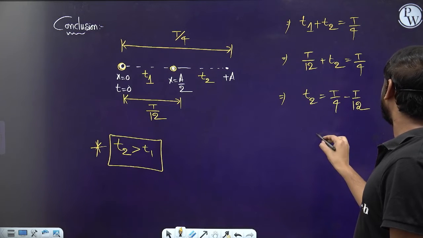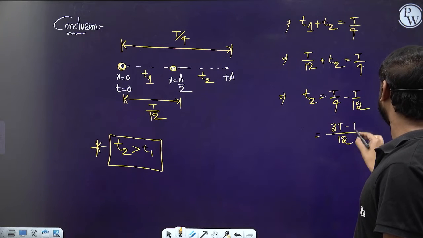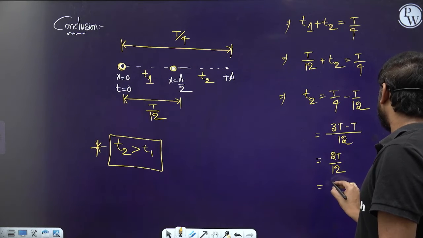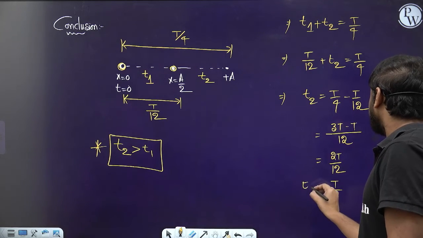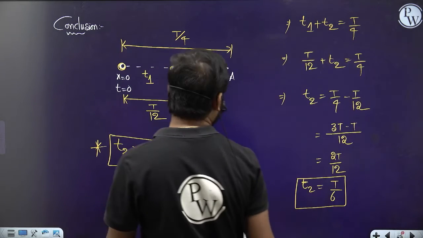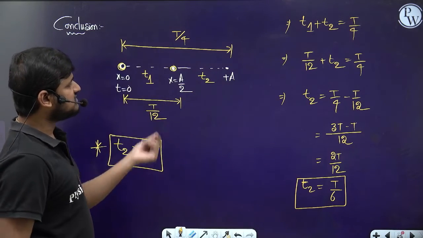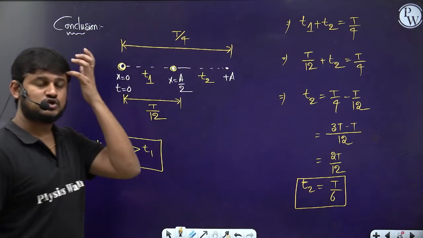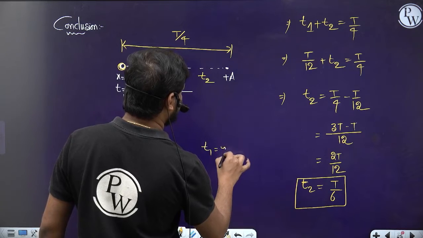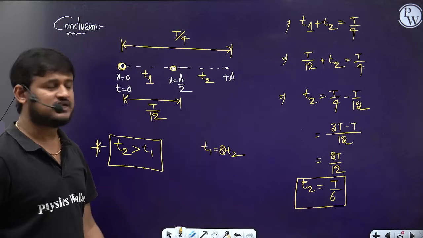If you take the LCM, it will be 3T minus T, which is 2T by 12, which is nothing but T by 6. So the t2 time is T by 6. That means t2 will be equal to 2 times t1.